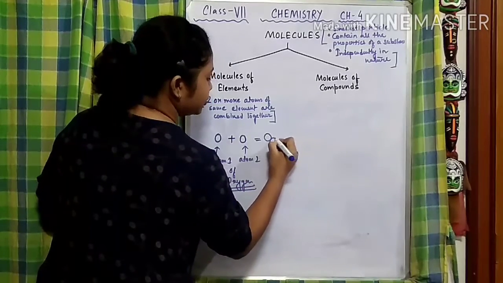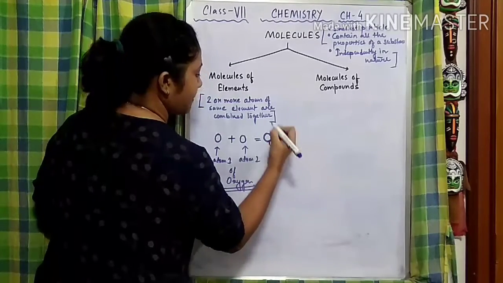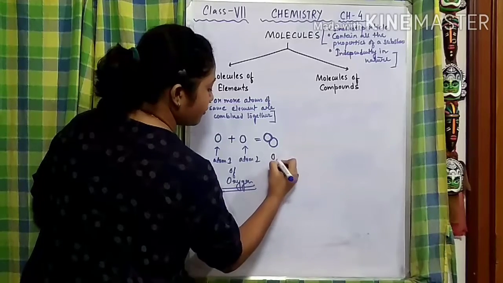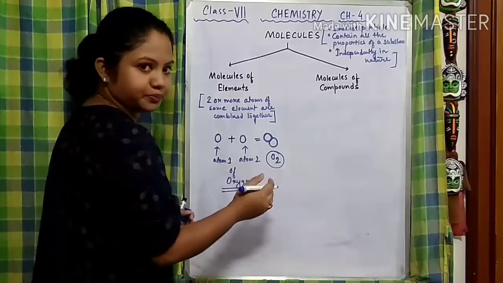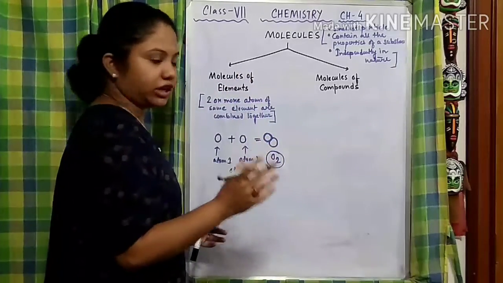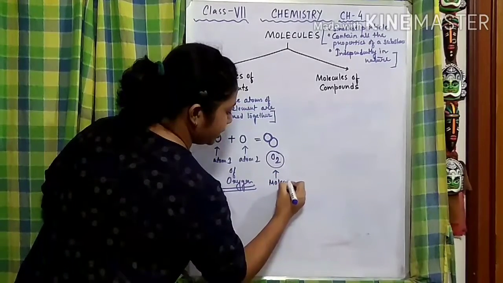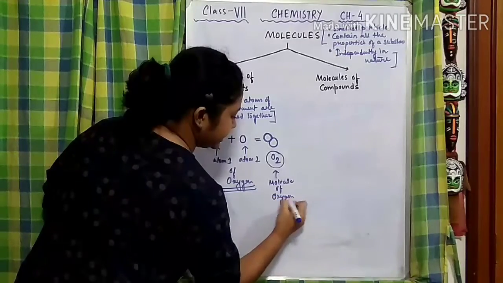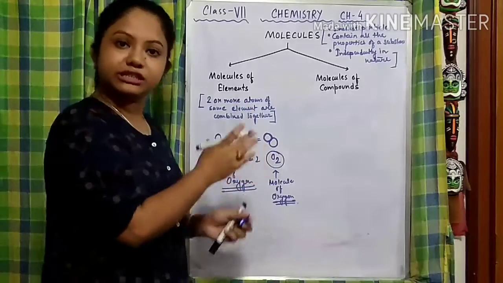They are combining together to give rise to another particle that we call a molecule, and its formula becomes O2, and that is the molecule of oxygen, one molecule of oxygen. This is an example of a molecule of an element, because oxygen is an element.